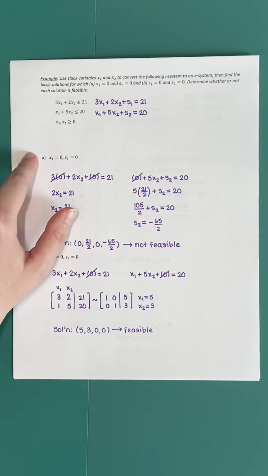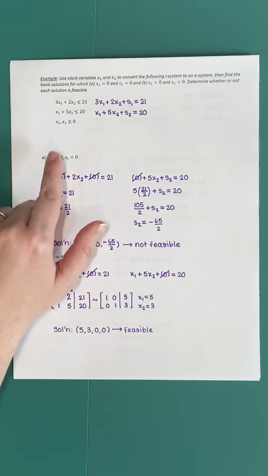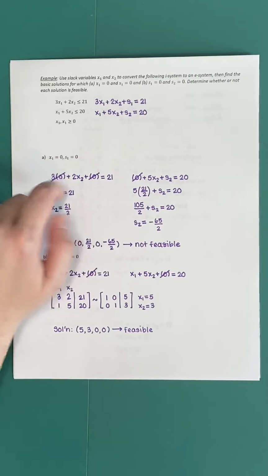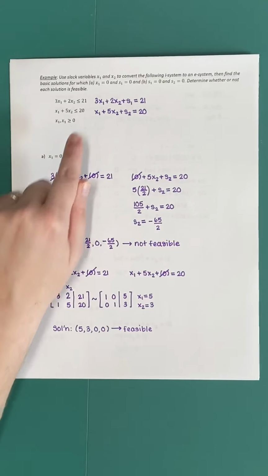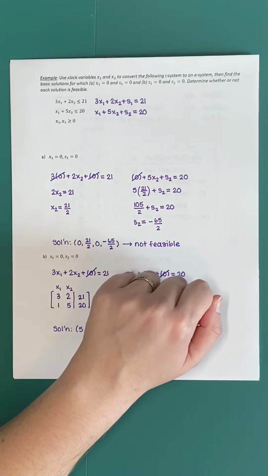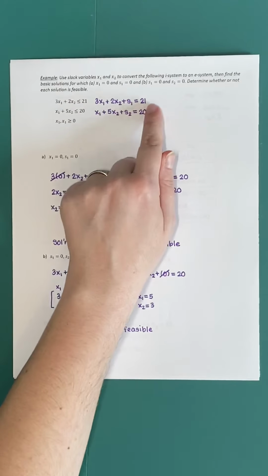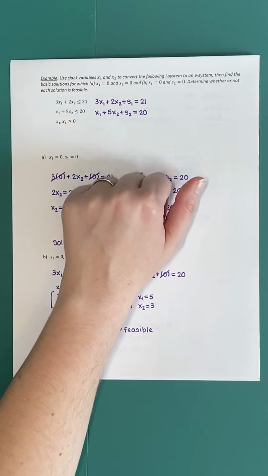So the first combination we want to check is the combination where x1 would be 0, and then slack variable 1 would also be 0. So I'm going to substitute those values into my two equations, and then I'm going to go from there. I'm going to start with the first equation. How do I know where to start? Because this is a system of equations and I can really start with either.